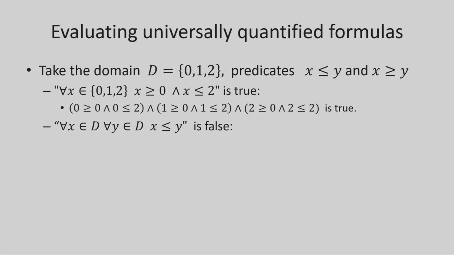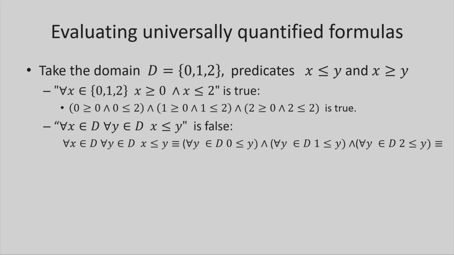Okay, let's try something else. What if we do for every x out of 0, 1, 2, for every y also out of 0, 1, 2, x is less than or equal to y? Let's show that it's actually false. So first we will take this formula and we will write it out just for the x as a quantifier. So we will treat for all y, x less than or equal to y as just a formula.